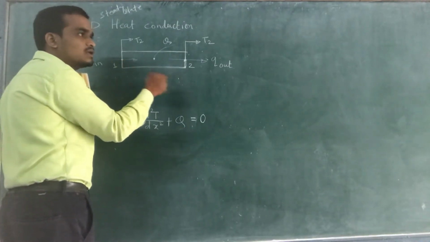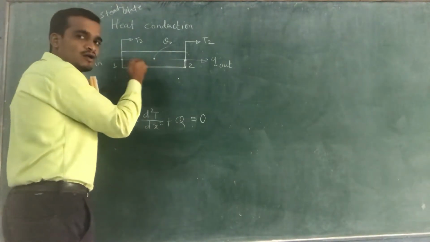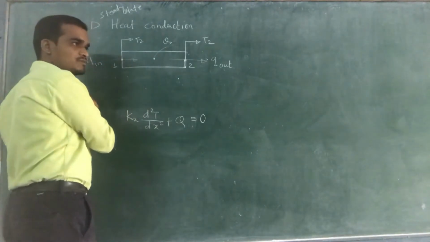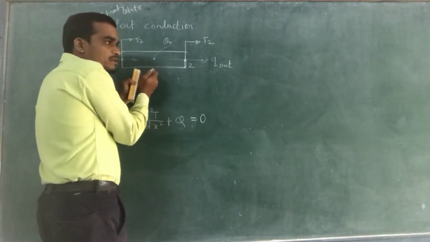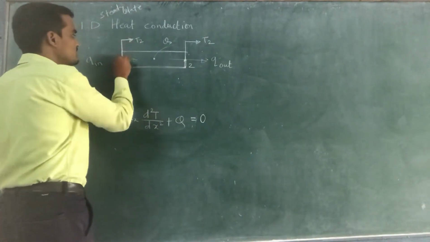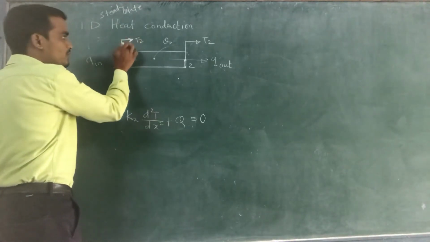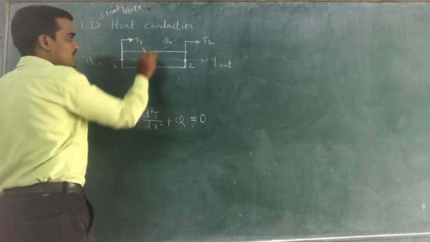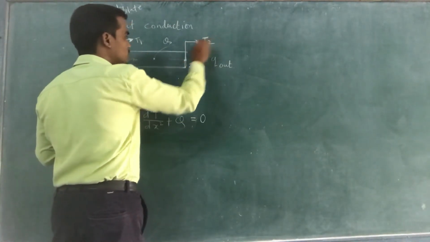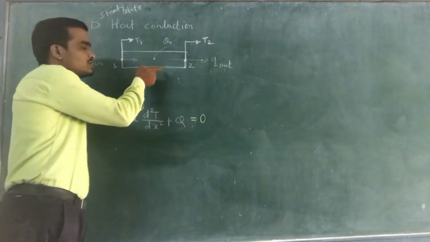We need to determine displacements. But in a heat transfer problem, what will be the output? We need to determine the temperature distribution within the element. So for the first node the variable will be T1, and for the second node the variable will be temperature T2. This T1 and T2 is nothing but the temperature distribution within the element.